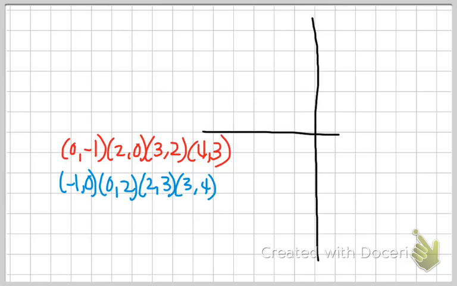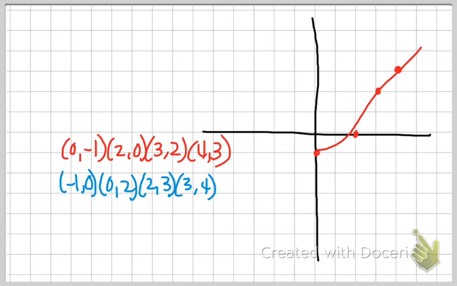My points are (0, negative 1), (2, 0), (3, 2), and (4, 3). Okay, so it kind of does this.